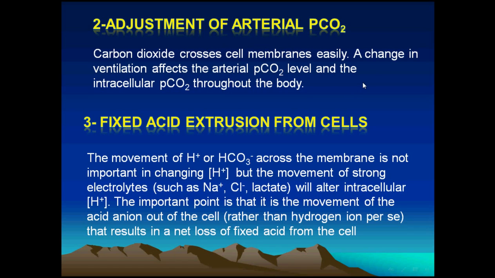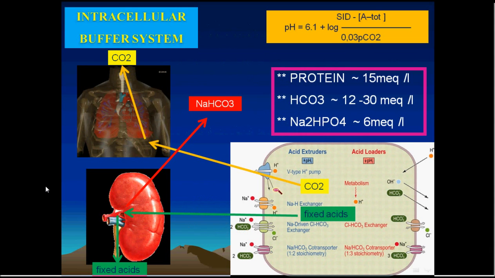This carbon dioxide passes from the cell to the blood and then to the lung. So there's a balance between these two, and we are going to discuss it. Fixed acid, this is very important. The end product of the metabolism of protein usually results in fixed acids like nitrate, phosphate or sulfate. And this sulfate is usually carried by a transport protein from the cell outside to the blood, and further it is secreted by the kidney.